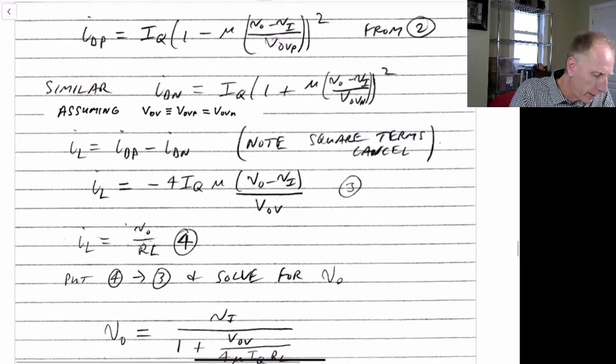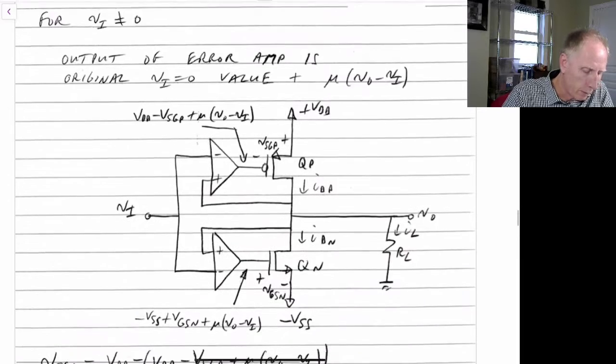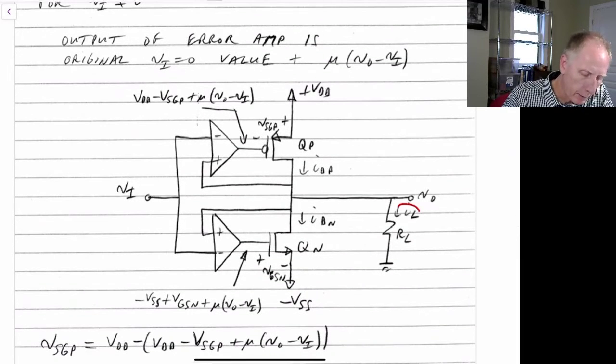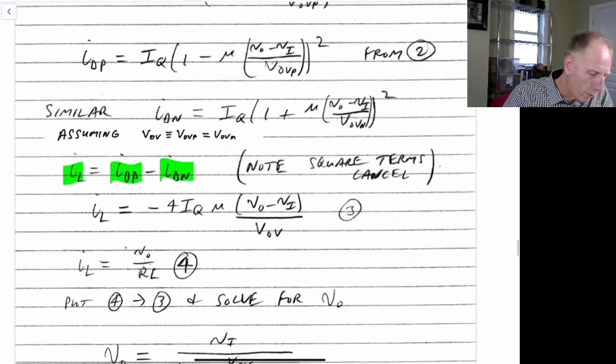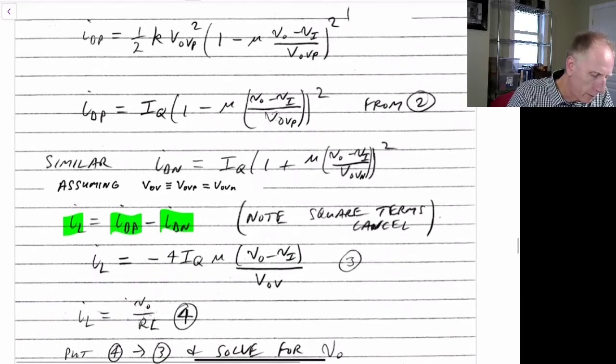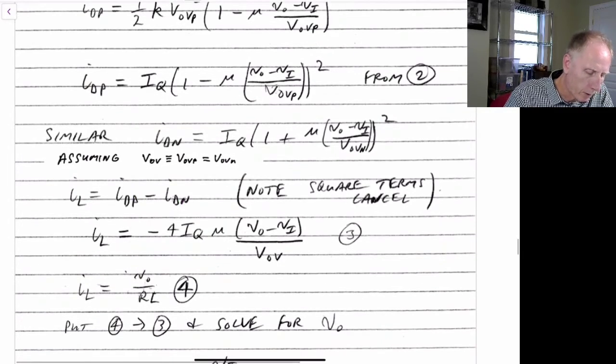Then we have that the output load current is the difference between the PMOS transistor and the NMOS. So in other words, this current I sub L is this current minus this current. So we can then subtract this one minus this one. What we see is that some of the squared terms will cancel out.